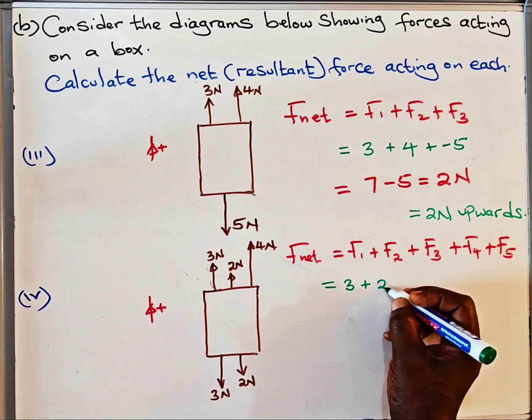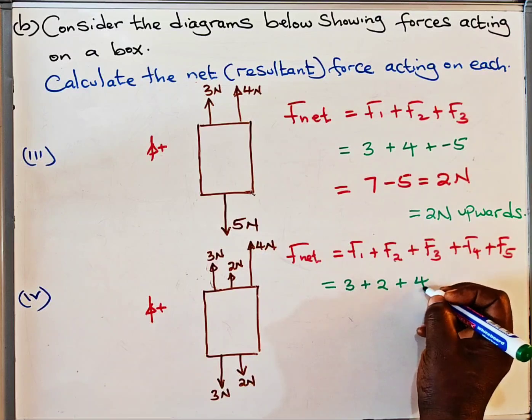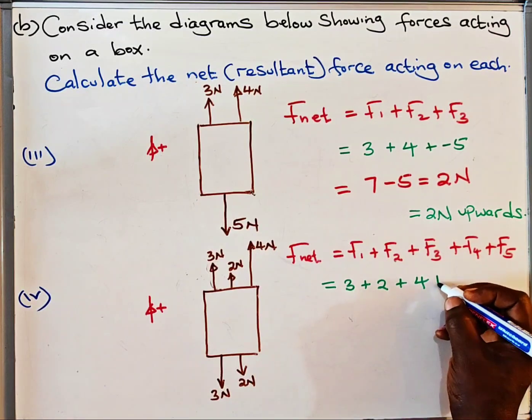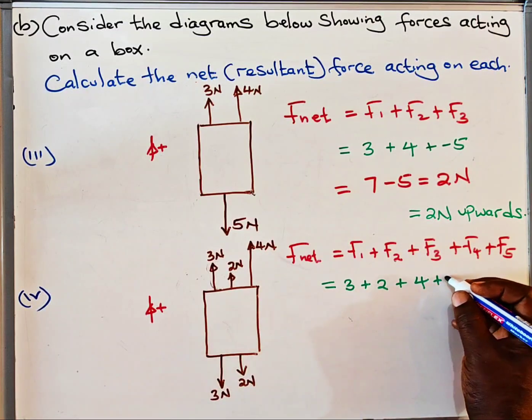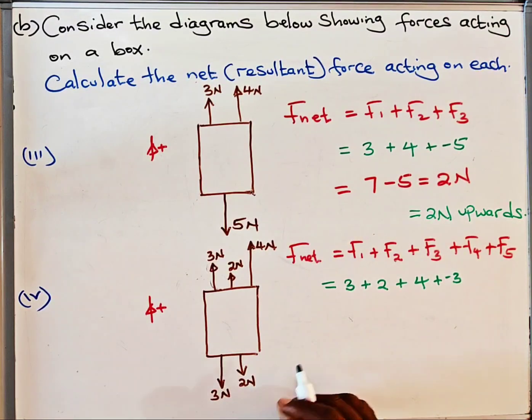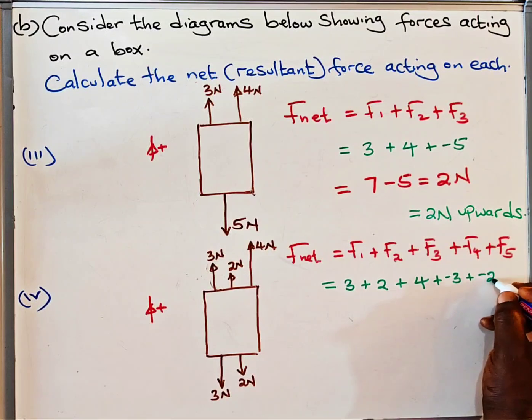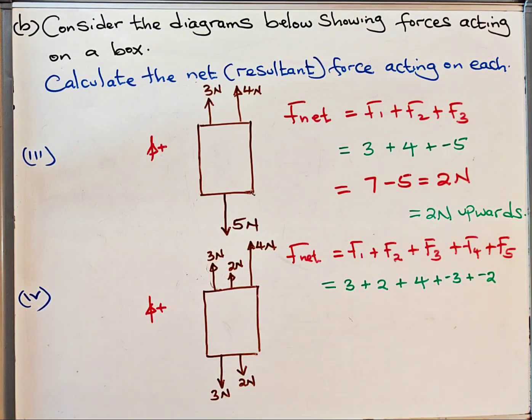plus 2 plus 4. Then plus negative 3, because it's acting downwards. Then plus negative 2. And what do we get here?